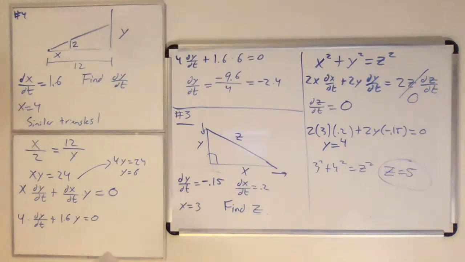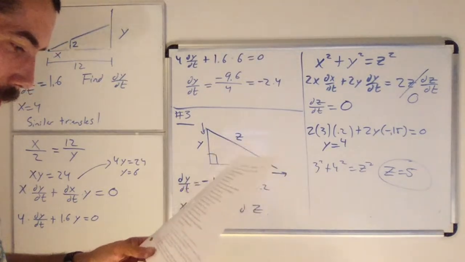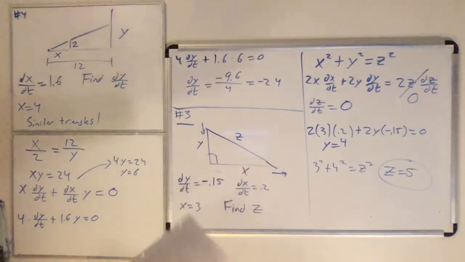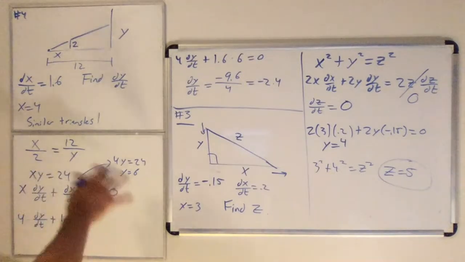Okay, well, let's just make sure we read the question correctly because we're not getting the same answer I got. How fast is the length of his shadow on the building decreasing when he's 4 meters, not from the light, but from the building? Okay, so we made a little bit of a mistake, but it's not going to change much. The process was good.